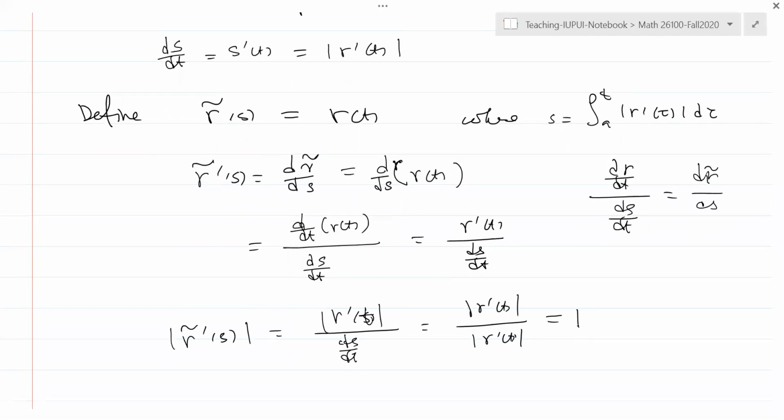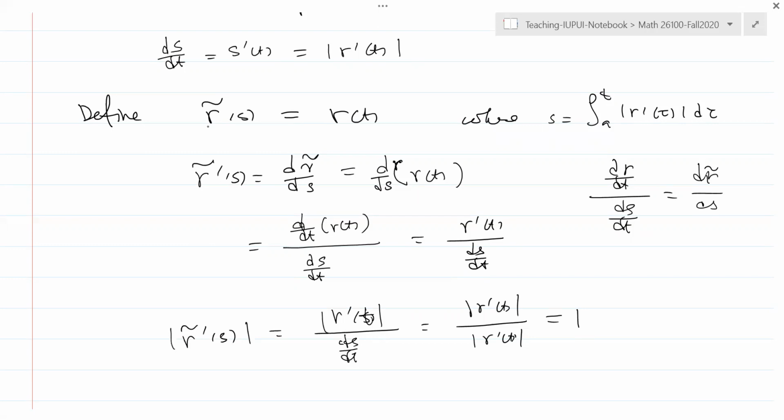In the book, for the sake of convenience, we do not use r2. We just change the parameter. It's up to us whether we want to use r2 or still use the same r but change the parameter t.